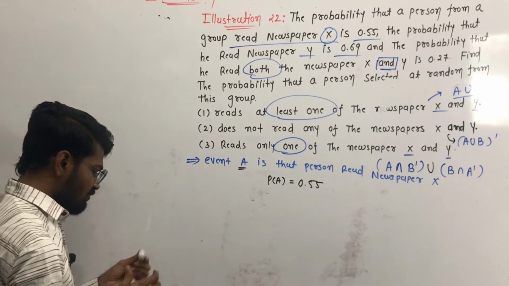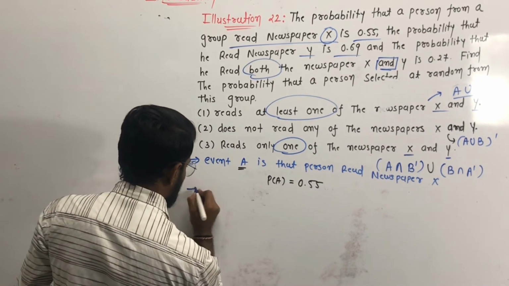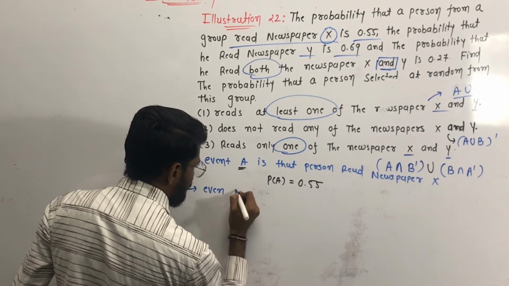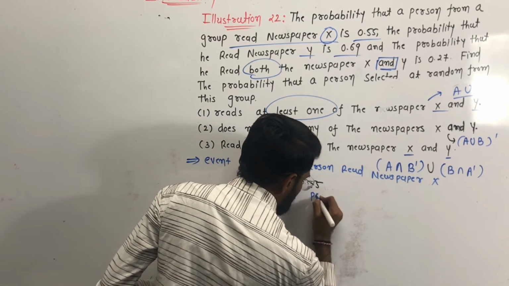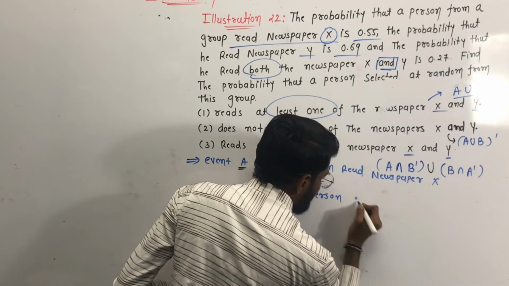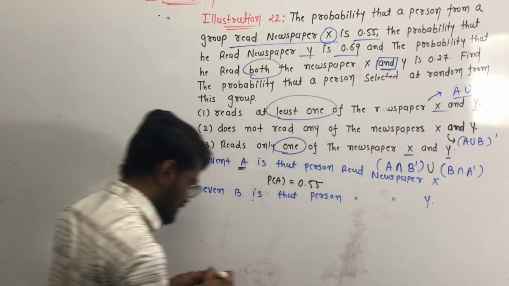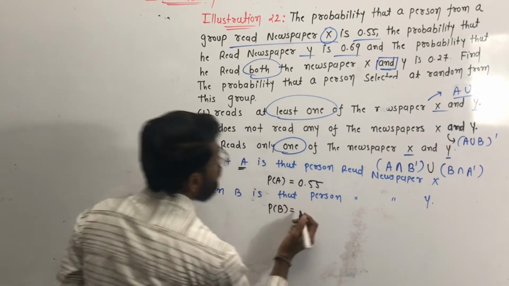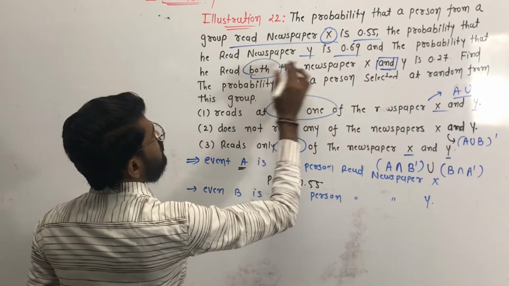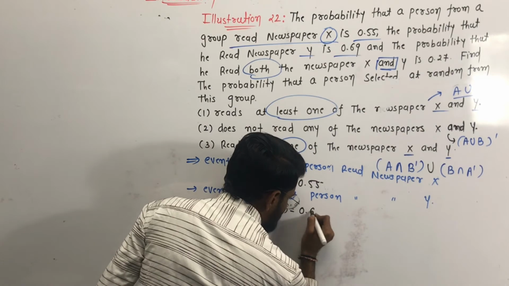Now event B is that the person reads newspaper Y, and this is denoted by the probability of event B, which is equal to 0.69.